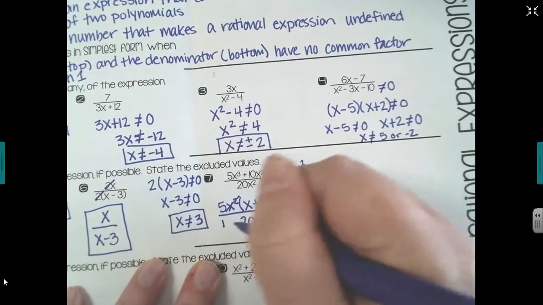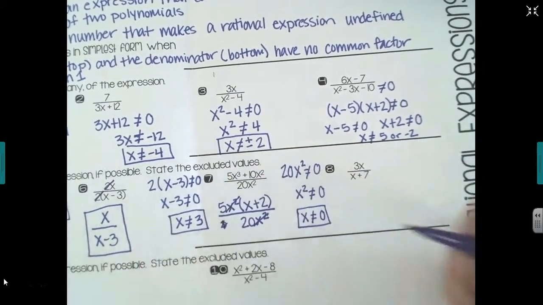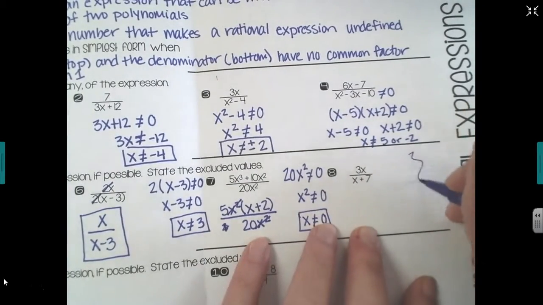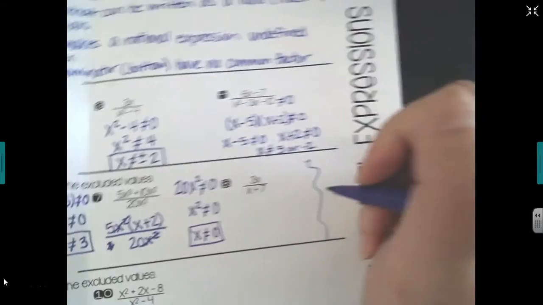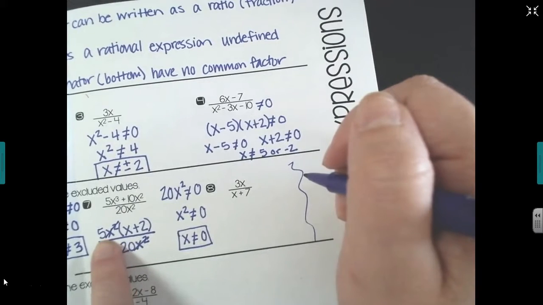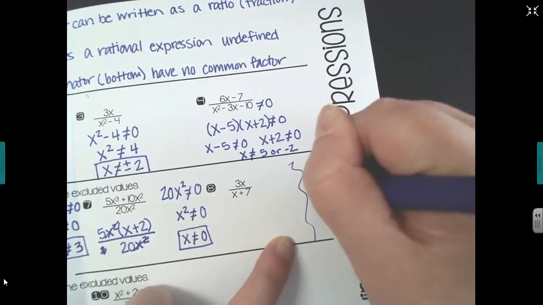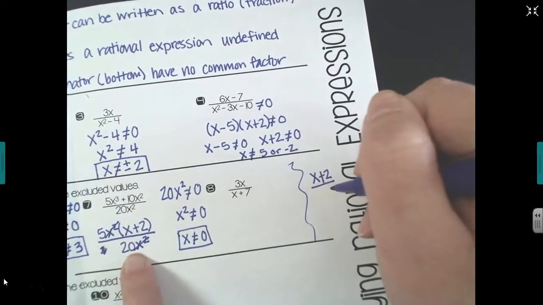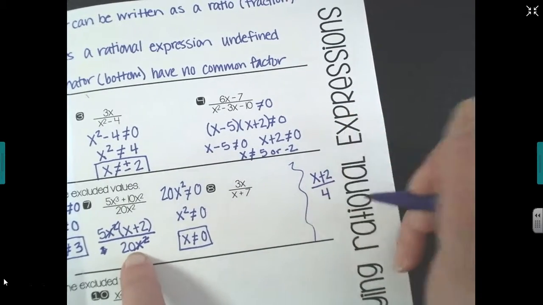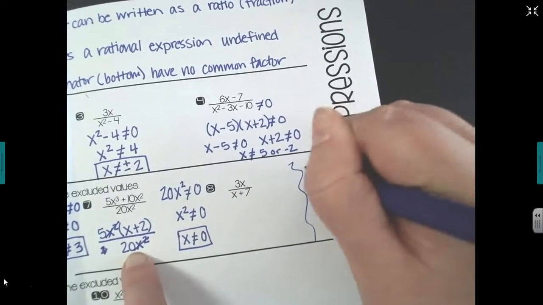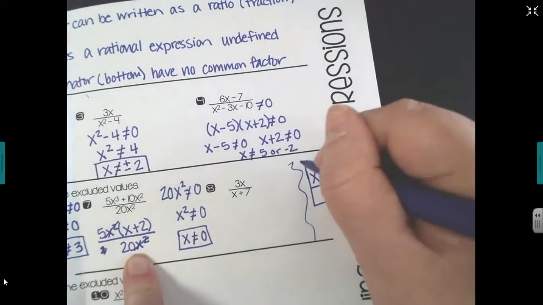So we get 1, hold on, I gotta find some space here. I'm going to go over here. So on top, that 5 goes away. We're left with an x plus 2. And on the bottom, the 5 goes into 20 4 times, so we have a 4 on the bottom. Okay, so that's for number 7.